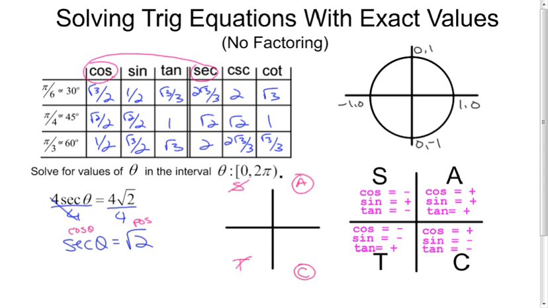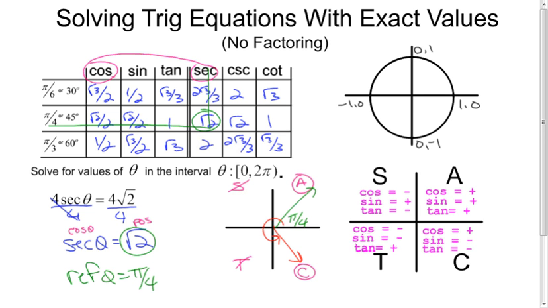So I use my reference. I'm looking for the root 2 in the secant column, and I see that my reference theta is equal to pi quarters. So I'll draw my pi quarters. And then I see that I need to build a mirrored angle in the fourth quadrant.